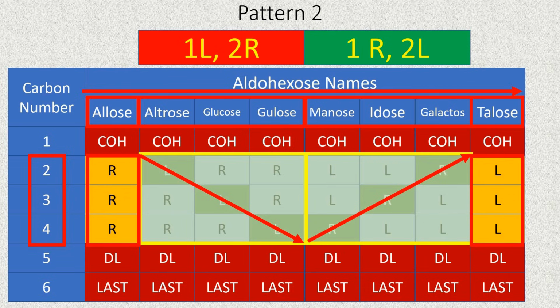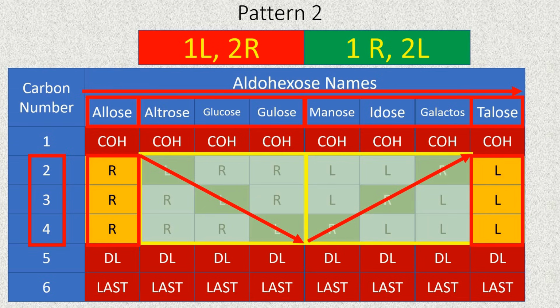So in mannose, you will have the hydroxyl group of carbon number 4 on the right side, and then in idose, the right side hydroxyl group will be on the third carbon, while in galactose only the second carbon's hydroxyl group will be on the right side.